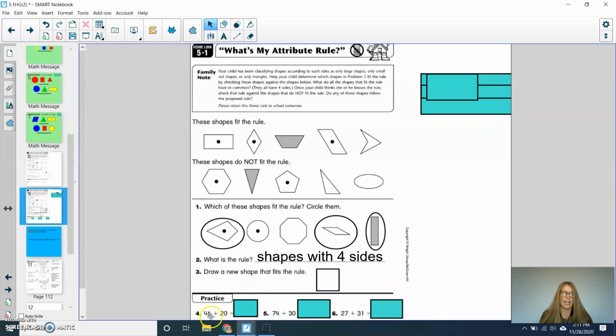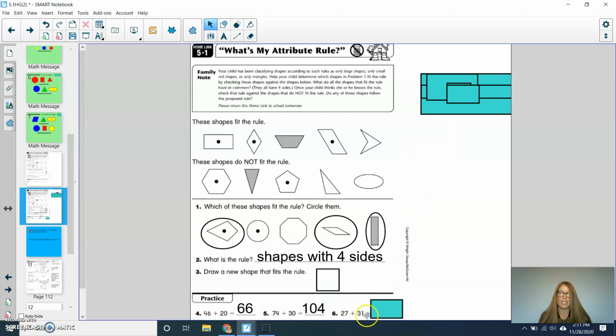All right, second graders, I know that 46 plus 20 would bring me to 66. I know that if I have 74 plus 30, I can count on from 70. So I can think 10 more would be 84, 20 more would be 94, and then 30 more would bring me to 104.